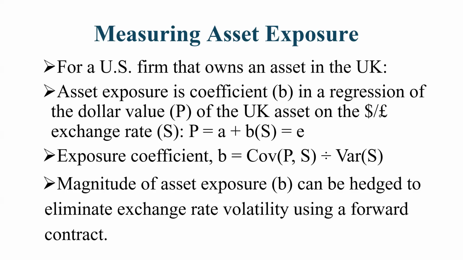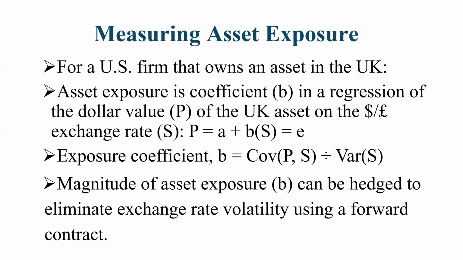And let's take note, the independent variable here is the exchange rate S. We use the independent variable to predict the dependent variable P. So covariance of P and S divided by the variance of the exchange rate S.